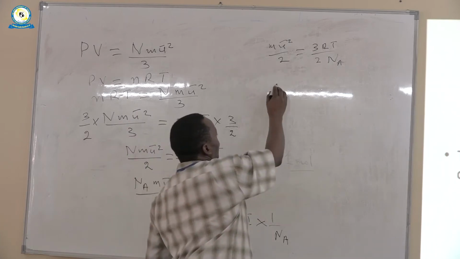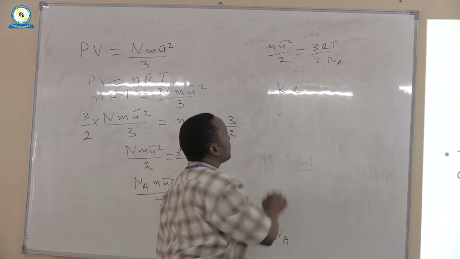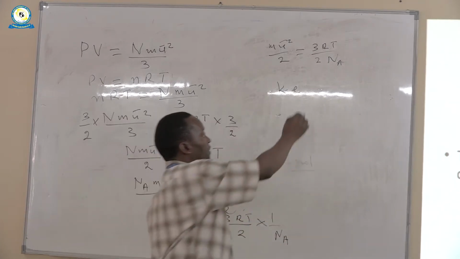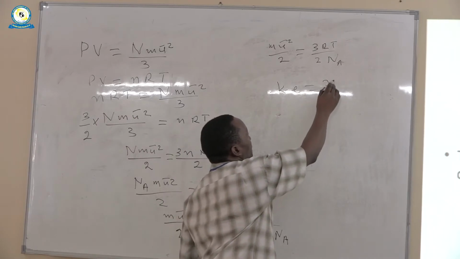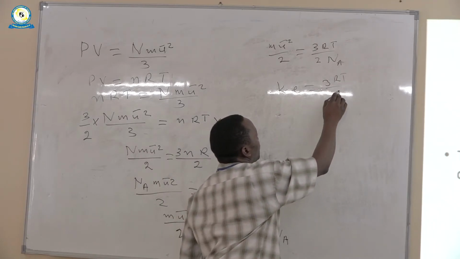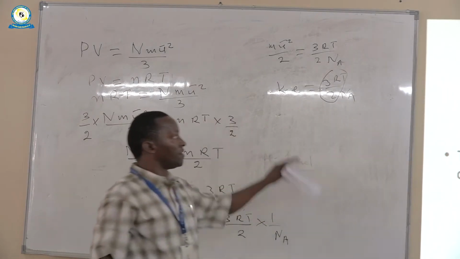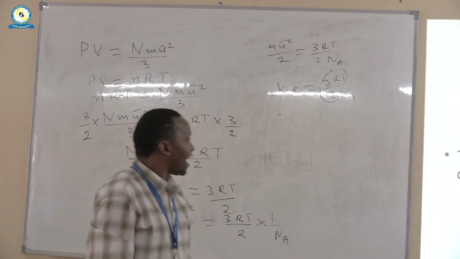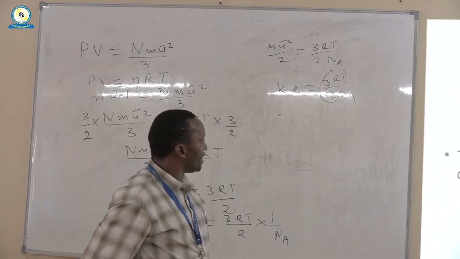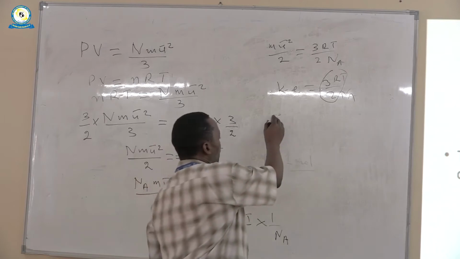Here this is kinetic energy. Knowing that here we have the division of this one by Avogadro number, we will have the kinetic energy of 1 molecule.